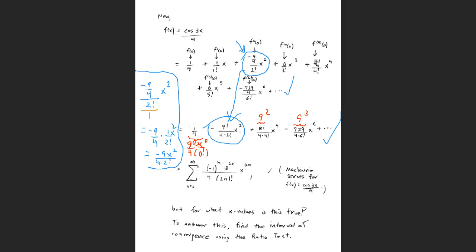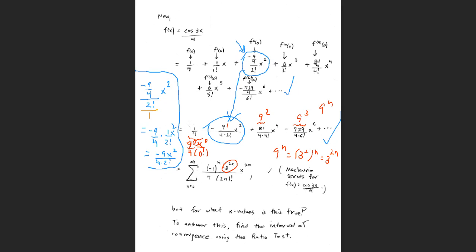So in general, I want to be a little bit careful about this. In those numerators, you're seeing 9 to the nth power. But 9 to the nth power can be thought of as 3 squared to the nth power, which is 3 to the 2nth power. And that's how we get this.